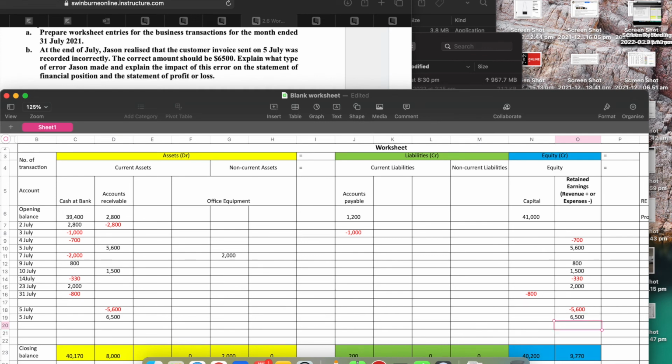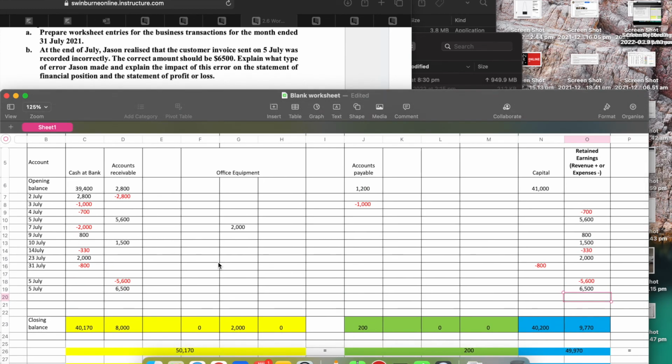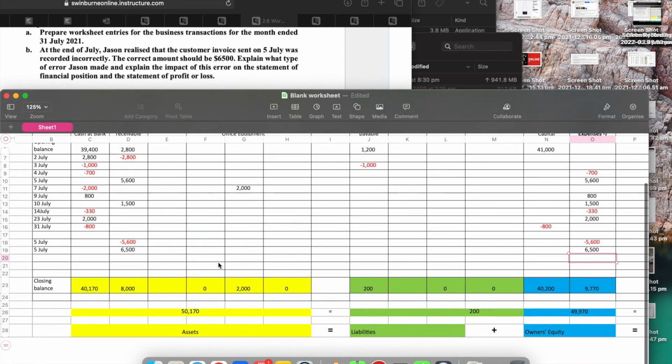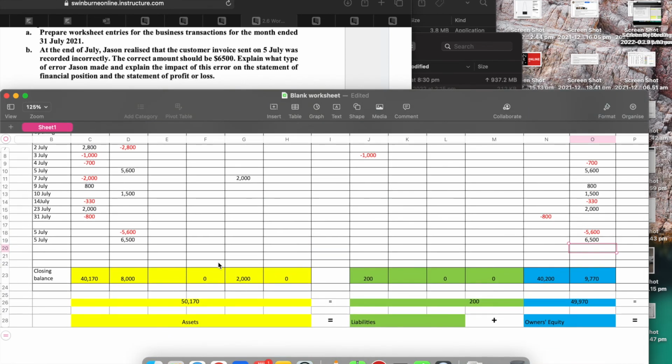If we didn't fix it, what impact would it have? It's asking us what's the impact on the statement of financial position, which is our balance sheet. So many terminologies, but you'll get used to it, I promise. It wouldn't really have too much impact because it would all equal.